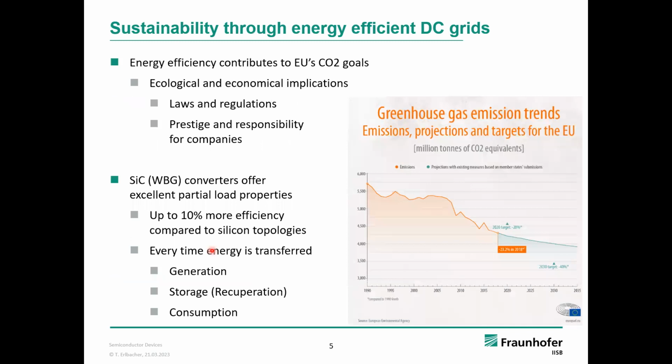Besides the efficiency gain that you get from using silicon carbide in traction inverters for electric vehicles, where you also have the benefit of smaller and more lightweight components, technically the energy efficiency is also exploitable for other energy conversion applications, especially where partial load conditions are a topic. So where you're not running at 100% of the rated current all the time, but there is some sort of load dependent energy consumption.